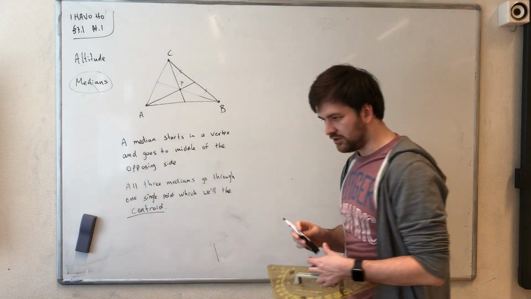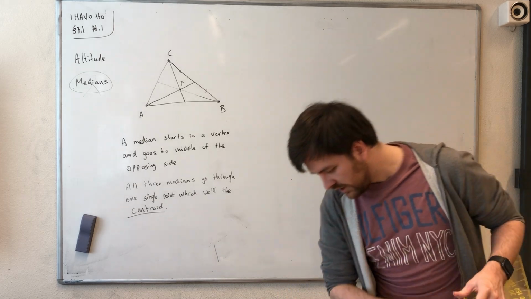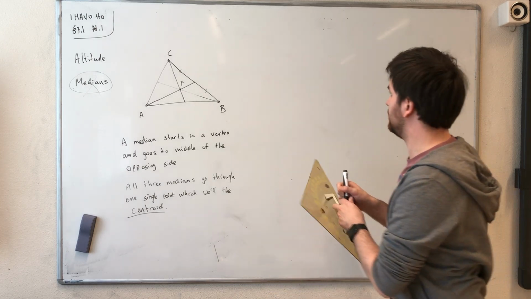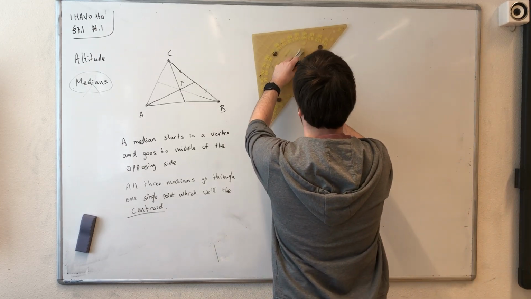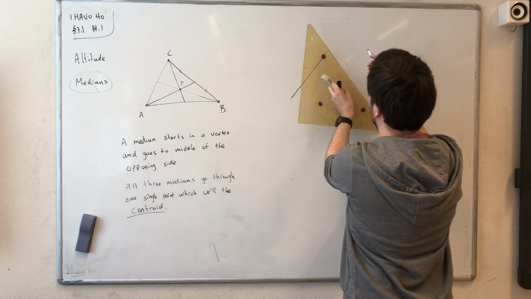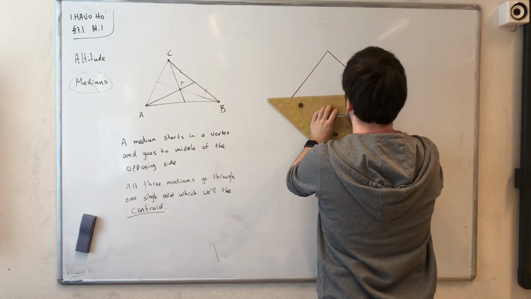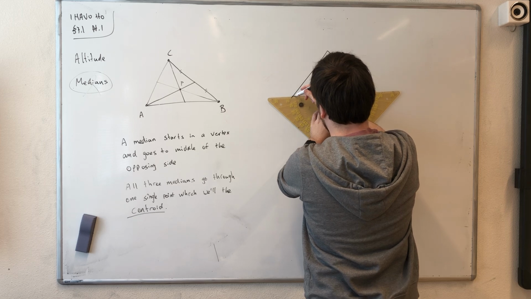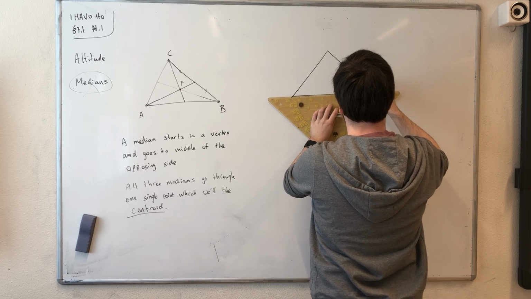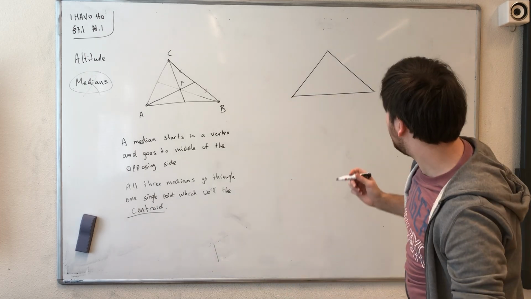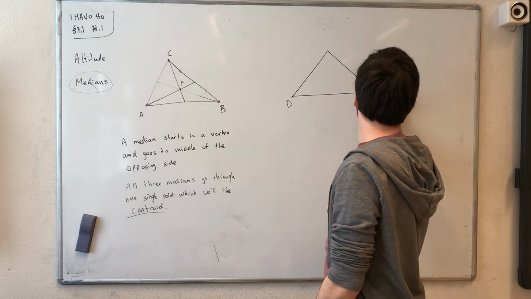Let's go to the altitude lines, and those are harder. And we're going to draw a second triangle. And we're going to call this DEF.